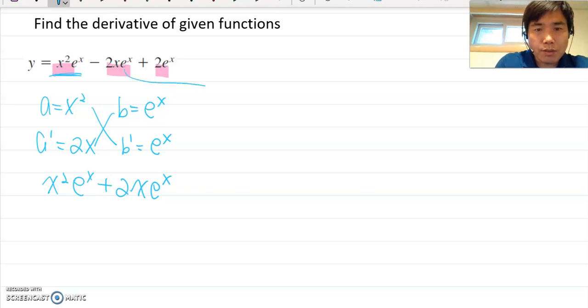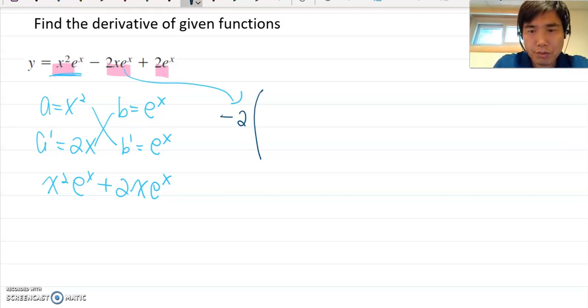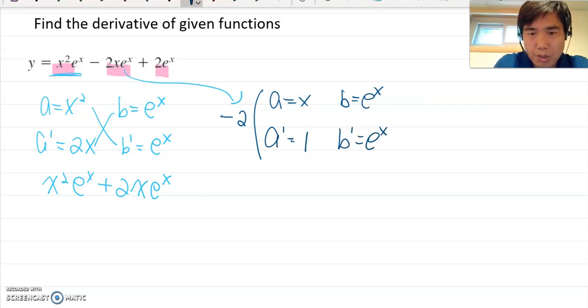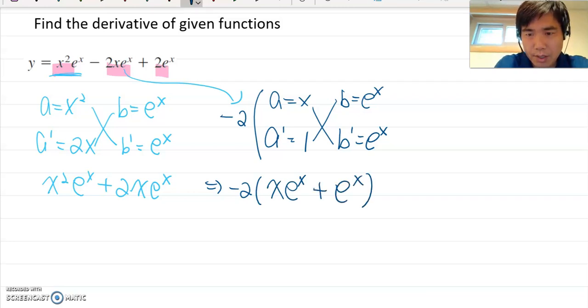And the second term here, so this becomes minus 2 times, also the product rule. So a equals x and b equals e to the x. So a prime is 1, b prime is e to the x, which means negative 2 cross multiply, then x e to the x plus e to the x.